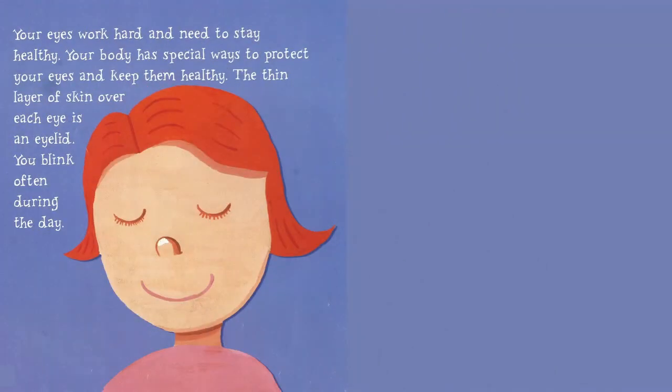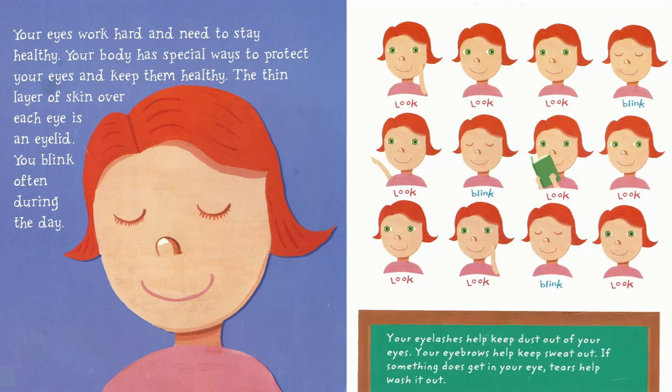Your eyes work hard and need to stay healthy. Your body has special ways to protect your eyes and keep them healthy. The thin layer of skin over each eye is an eyelid. You blink often during the day. Look, look, look, blink. Look, blink. Look, look, look, look, blink. Look.